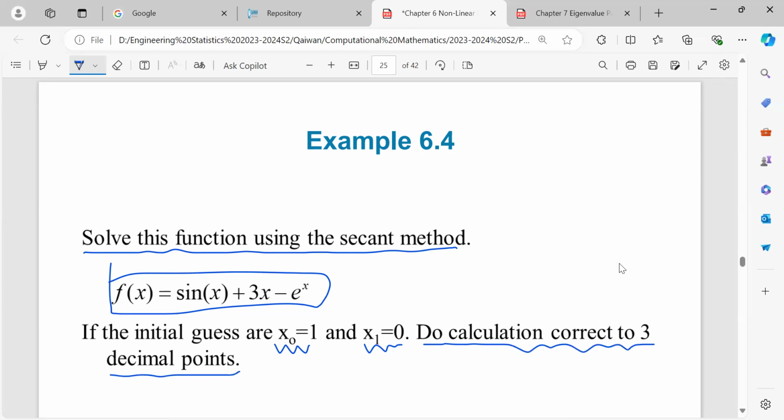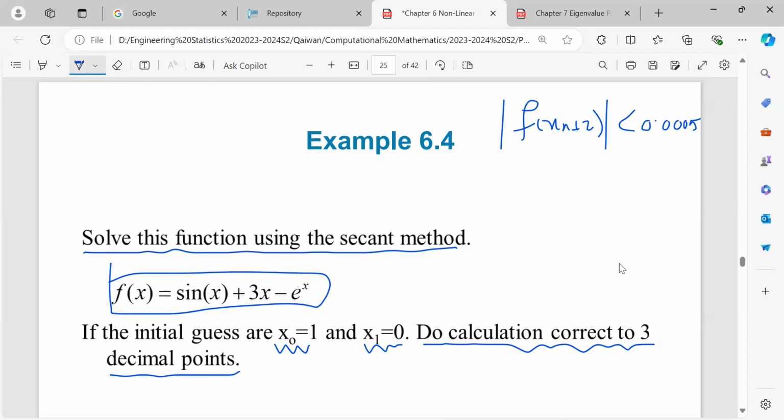So you must continue until f of the last x is less than 0.0005, as it says 3 decimal points. We always use 5 for the first non-zero.